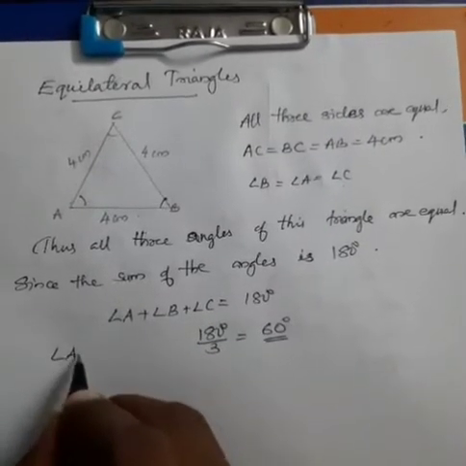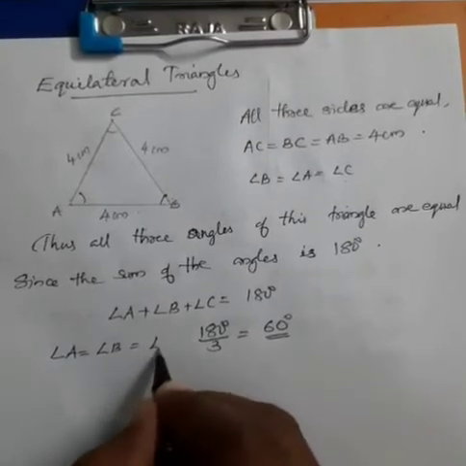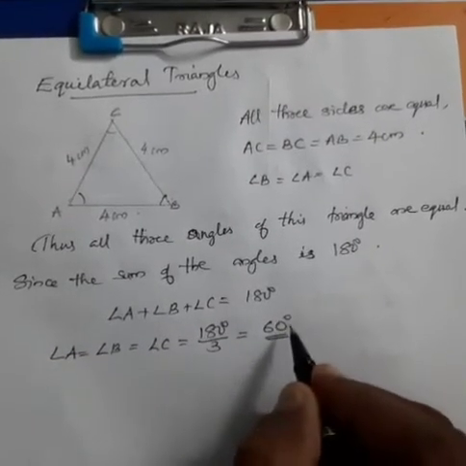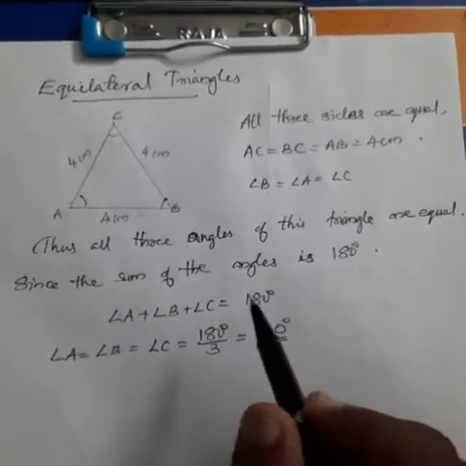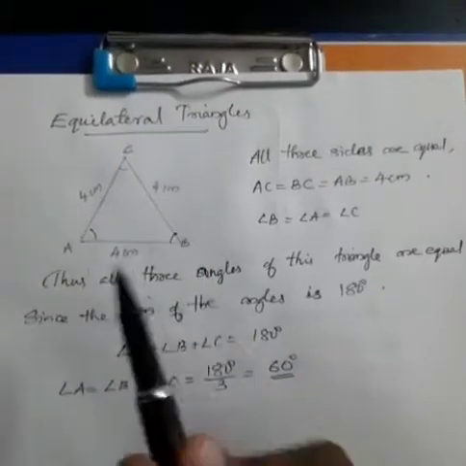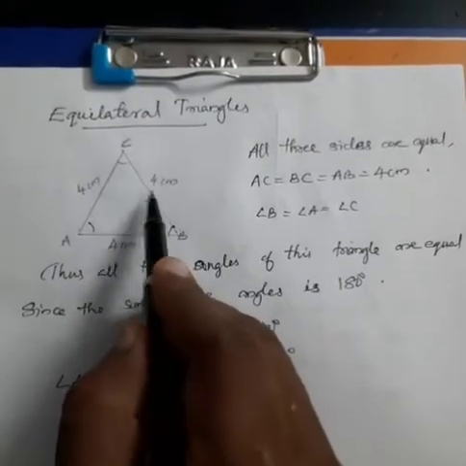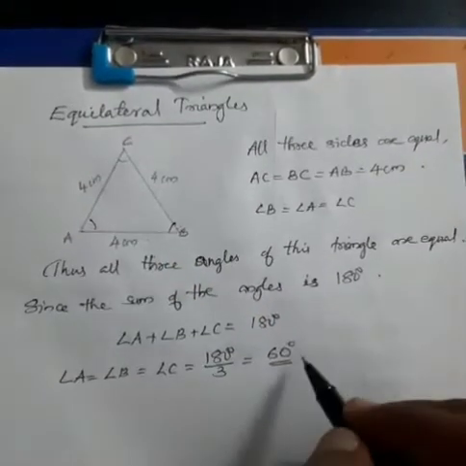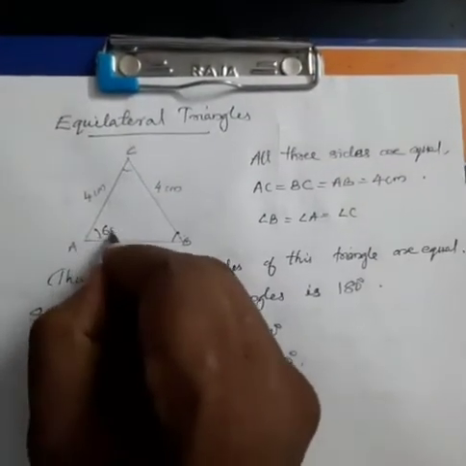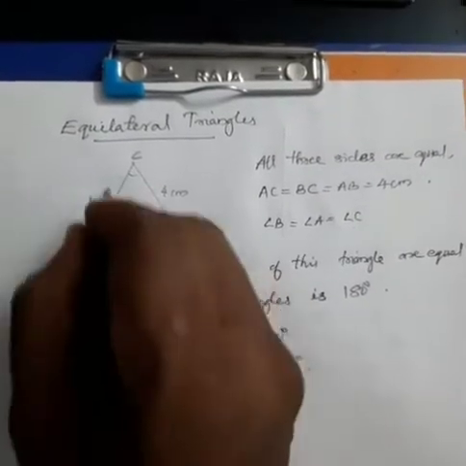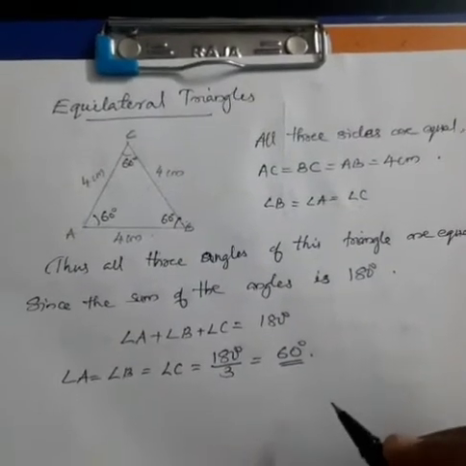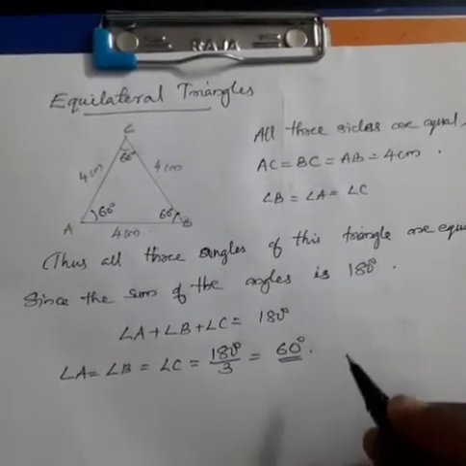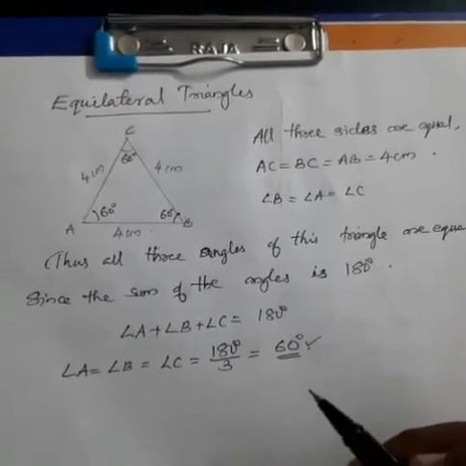So angle A is equal to angle B is equal to angle C is equal to 60 degrees each. This is a speciality of an equilateral triangle. All three sides are equal and all three angles are also 60 degrees. Angle A is 60, angle B is 60, angle C is also 60. In any equilateral triangle, all the angles are how much? 60 degrees.